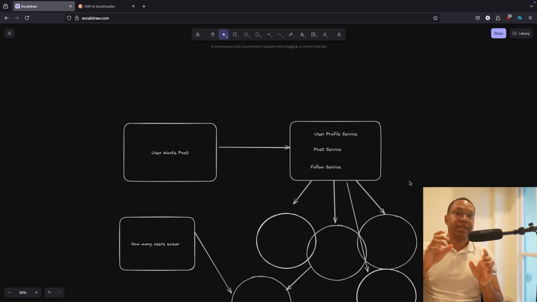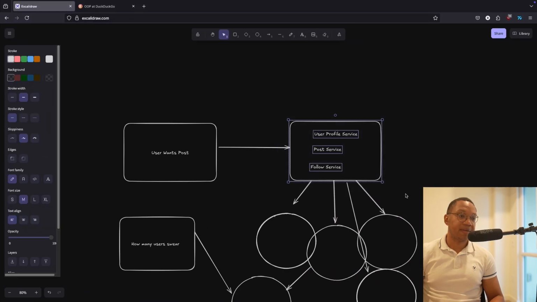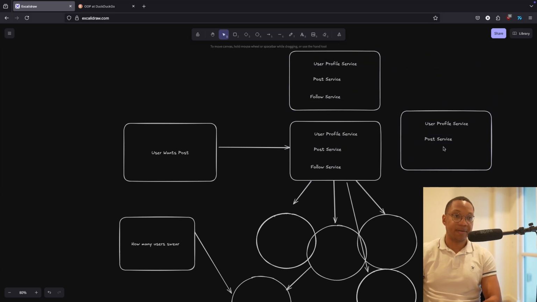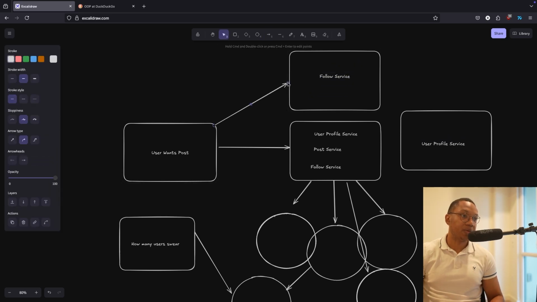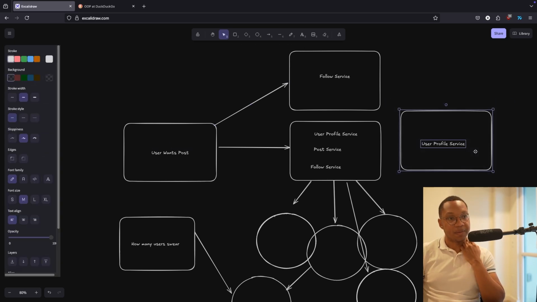But now we're doing different repositories that are deployed on different servers, as opposed to one server running everything inside. Instead of doing it like this, each has its own thing. So we would have a user profile service, and then we would have a follow service. Anytime somebody wants to follow, we route them over to the follow service, and then route them over to the profile service when they want to change their profile.